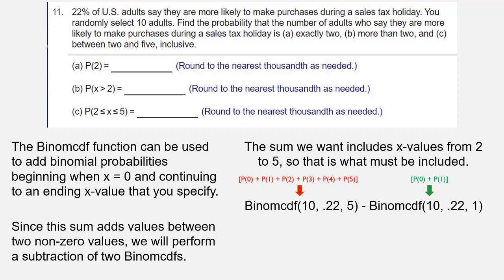So you can see that if we subtract the probability of 0 and the probability of 1 from that other sum that has 0 through 5, we'd be left with 2, 3, 4, and 5 being added together, which is what we want. So that ends up being 0.3727261393, rounded to the nearest thousandth, is 0.373. And that's your answer to part C. And those are your answers.